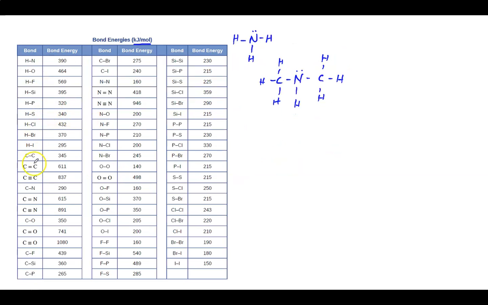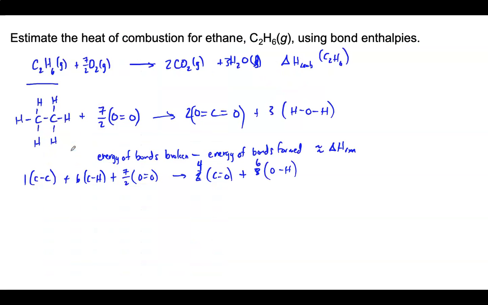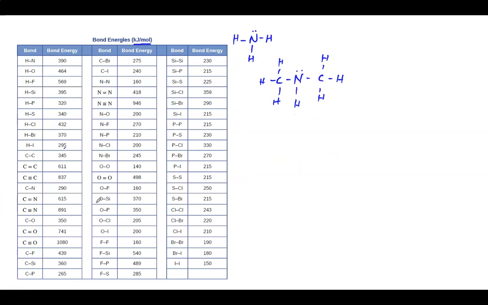So a C single bond C is 345. So I've got 1 times 345 kilojoules per mole. That 1 is a mole. So 6 moles times carbon hydrogen bond is, oh, good God, it's not on here.